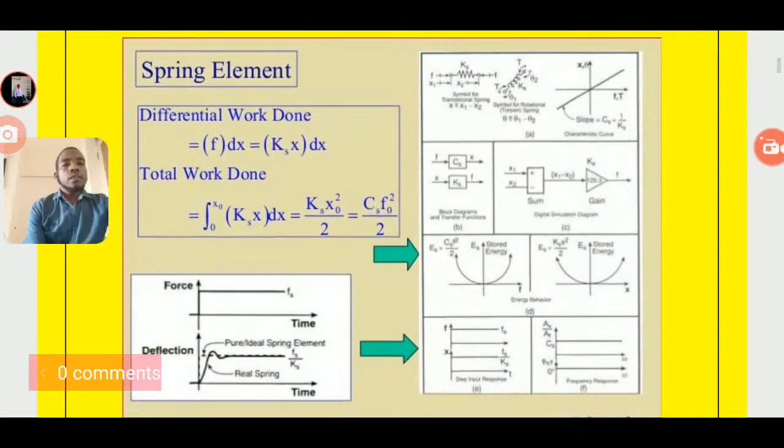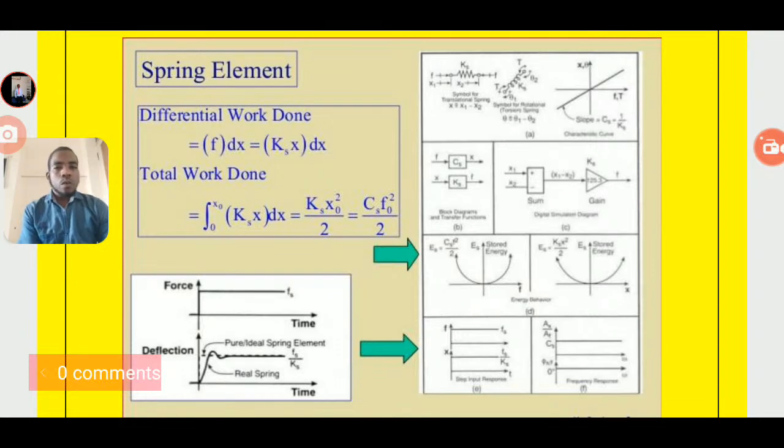In another way, we are going to see the spring element. In the case of the spring element, the differential work done can be calculated as F dx, which is equal to Ks of x into dx. So we have the differential work done and the total work done.